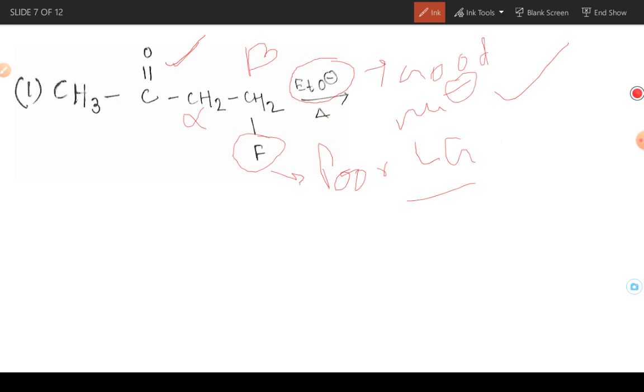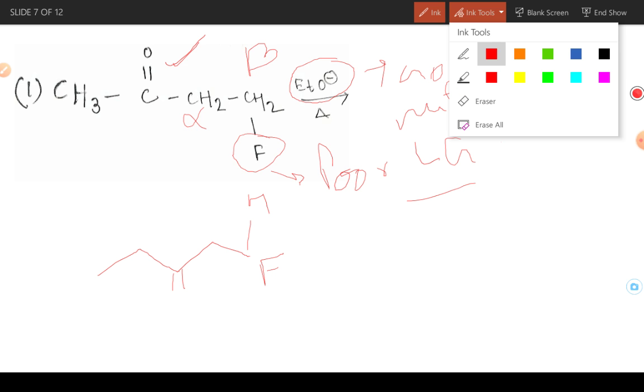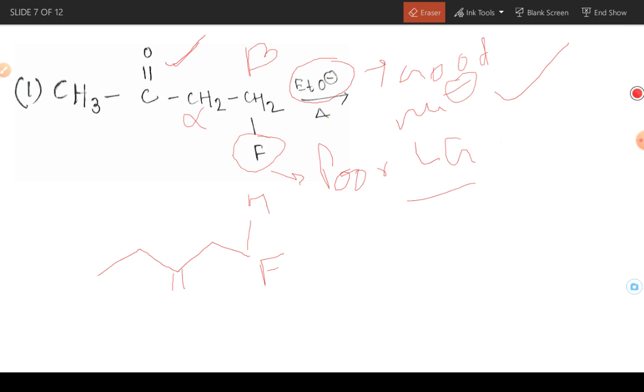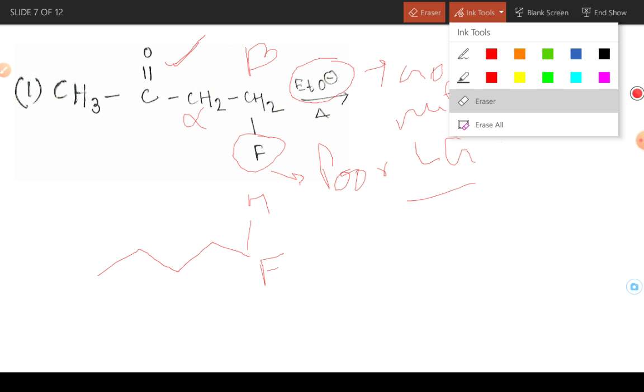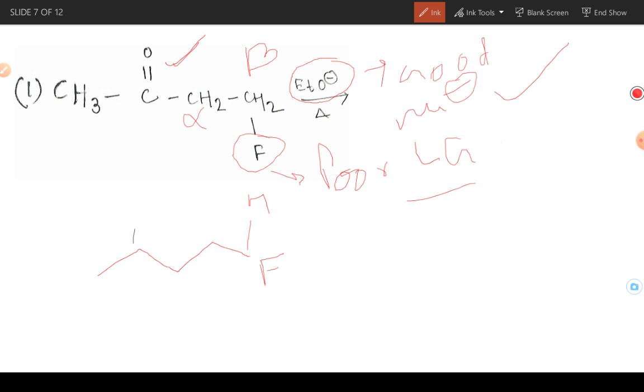So let's see, I am making it in this way. Here F and here also H is present. So here the H will be removed and here the double bond is also present. Now see, here the hydrogen will be removed by attack of EtO minus.